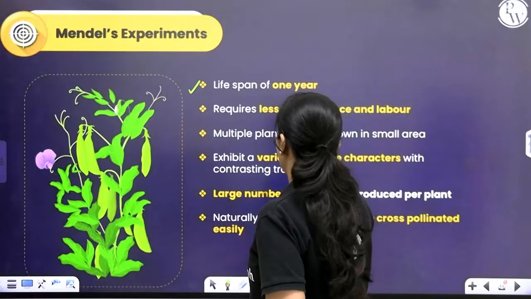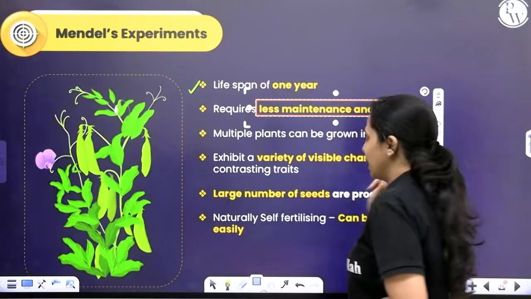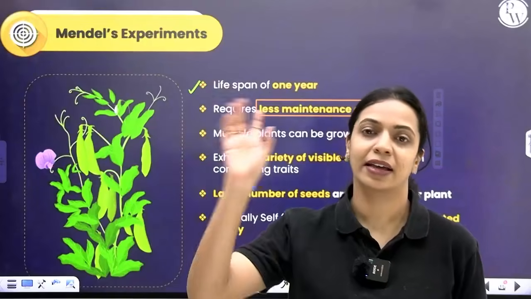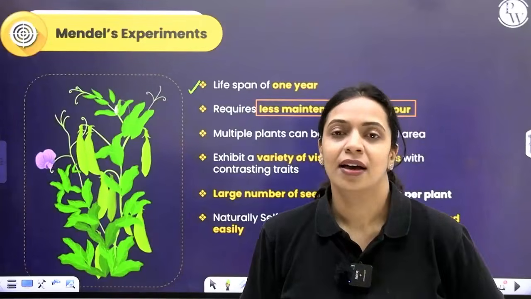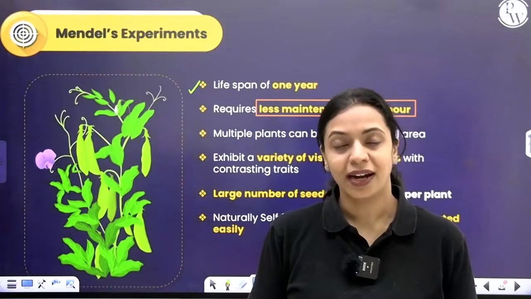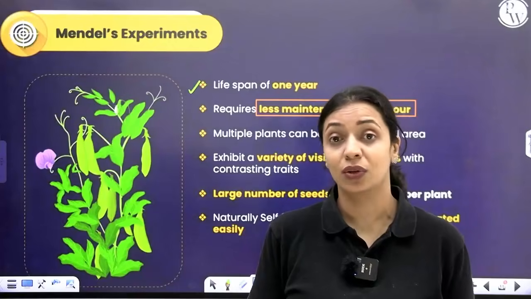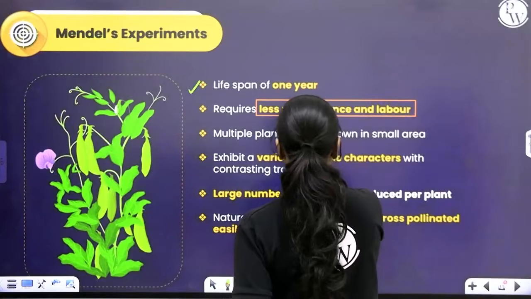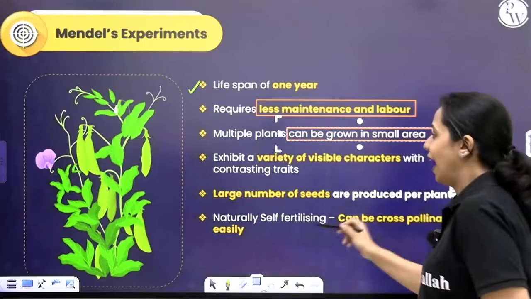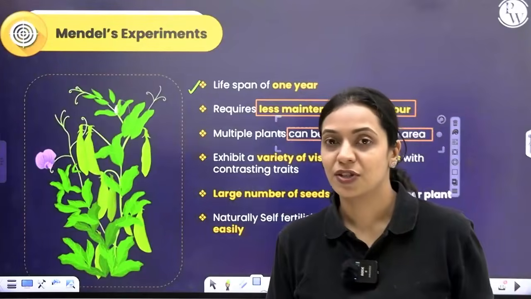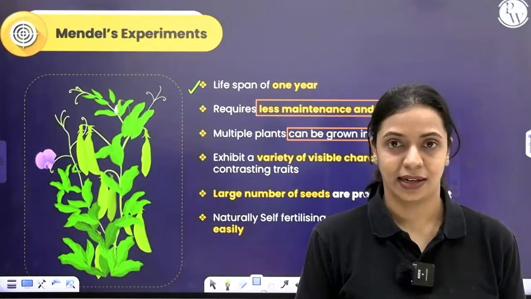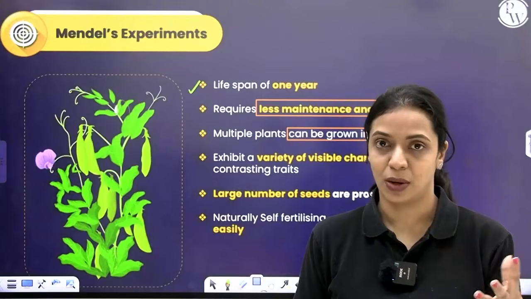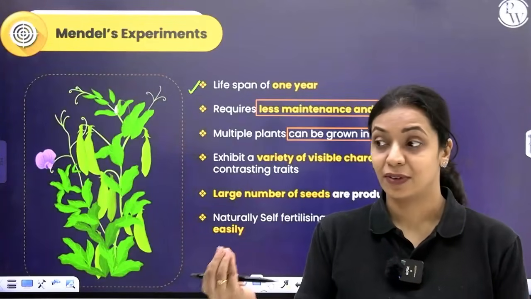Next, you don't need a lot of labor and maintenance to grow this plant. You know, pea plants are kind of the creeper climber kind. You don't need a lot of labor, and in a small place itself you can grow very many plants. Okay, so many plants can be grown in a small area, and within one species, you can see a lot of contrasting characters. Like when it comes to the color of flower, it is violet or it's white, which is very contrasting.